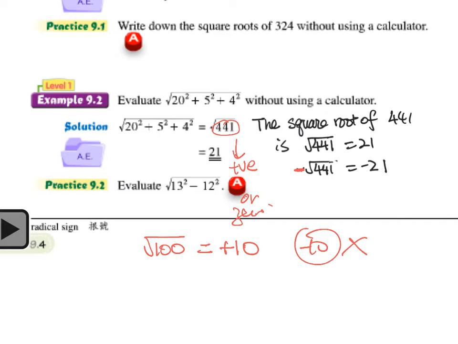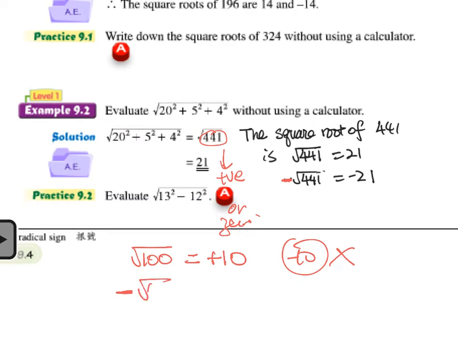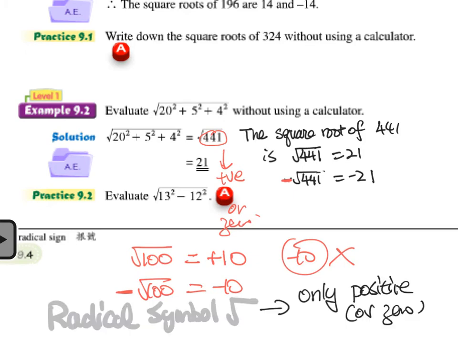If you want a negative answer, you need to write down negative in front of the square root. So the radical sign only gives positive or 0. If there are two answers, you need to put the sign in front of the radical sign.